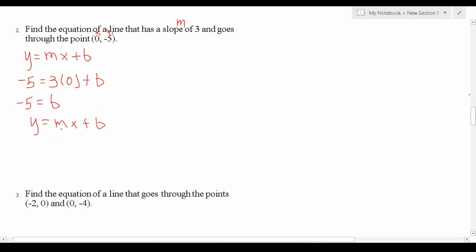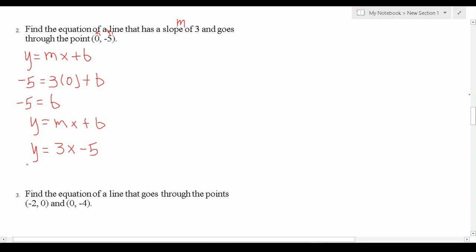We know what our m is, it's 3, and now we know what our b is, it's negative 5, so let's just plug those in. Y equals 3x, we know what our b is, it's negative 5. And therefore, using the first part in step 2, we were able to write the equation of the line.